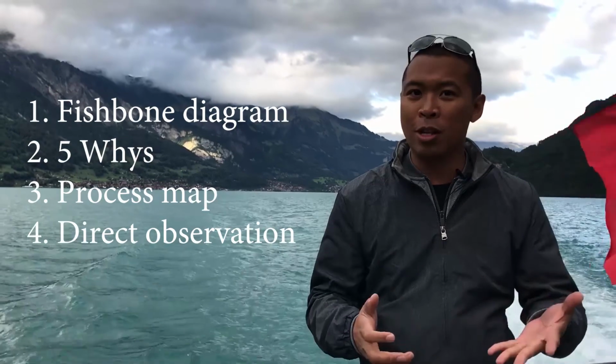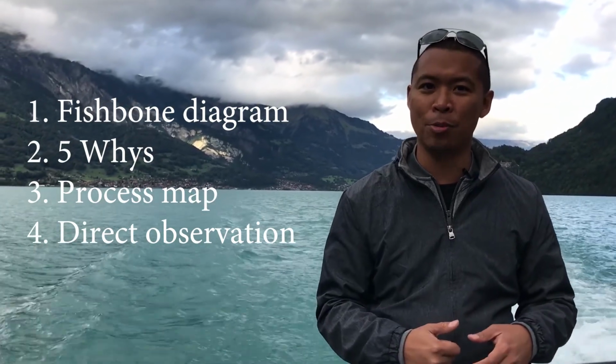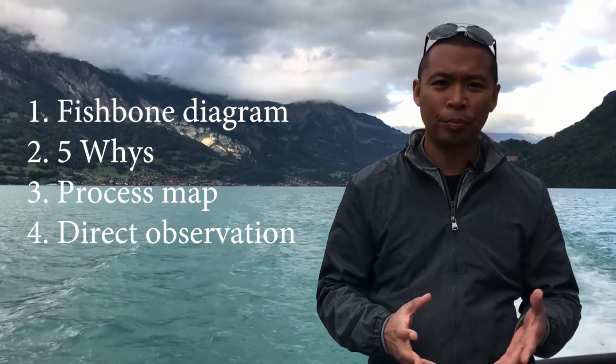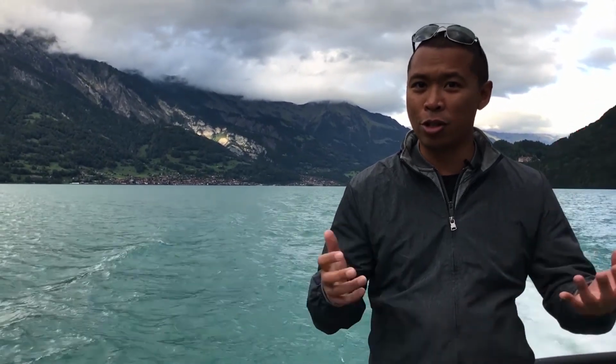We use a process map in the Withdrawal Management Center project, and direct observation as well. So you can also use tools from conventional research, which can include a literature search, and of course just talking to the people at the front line to get their opinion on what the problem really is.